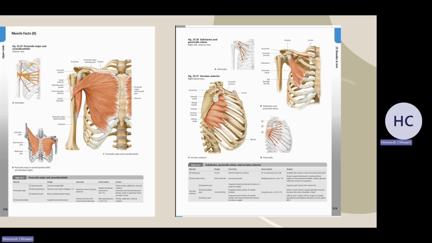This is a lateral view. So it moves from ribs 1 to 9, medially in front of the scapula, in front of subscapularis, into the medial border of the scapula. Innervation is by the long thoracic nerve, from the brachial plexus. Easy peasy lemon squeezy. Okay.